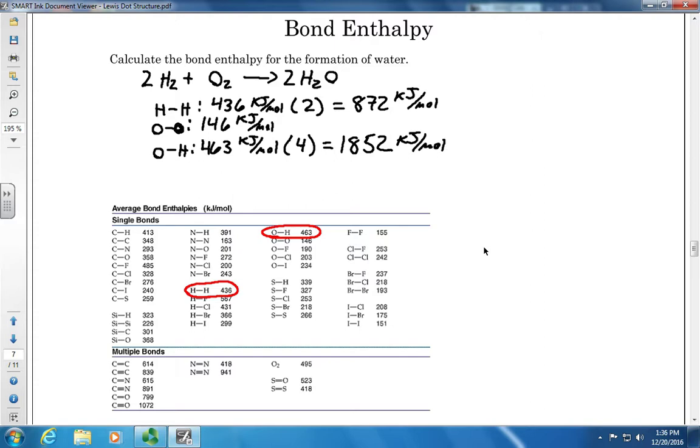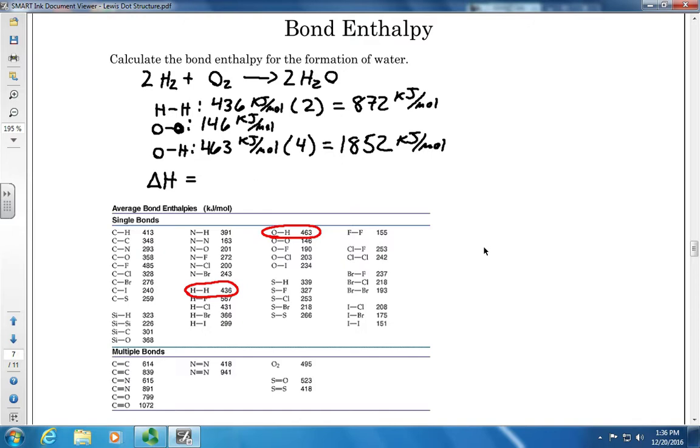So our input, basically what we're going to have is our delta H is going to equal the sum of what we're putting in minus what we're getting out.